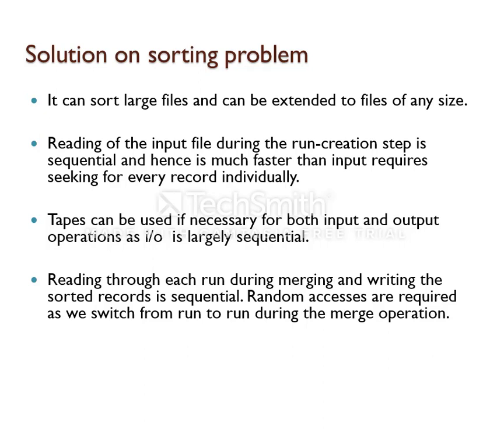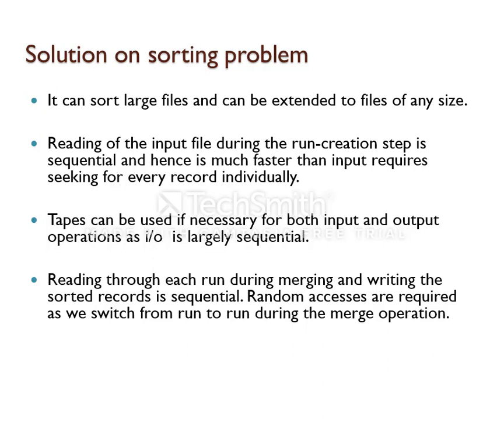It can handle large files and can be extended to files of any size. Reading of the input file during the run creation step is sequential and hence is much faster than input requiring seeking for every record individually.